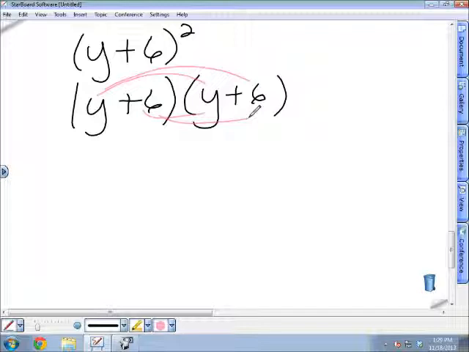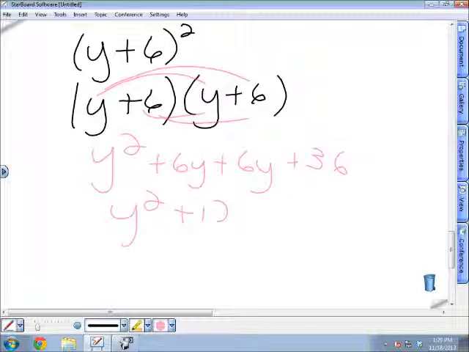I don't like to memorize those formulas, and that's fine if you do. To me, it's easier to draw them out. Y plus 6 times y plus 6, and then just FOIL it out: first, outer, inner, last, and then combine. I think it's easier when you're squaring a binomial to just draw it out.